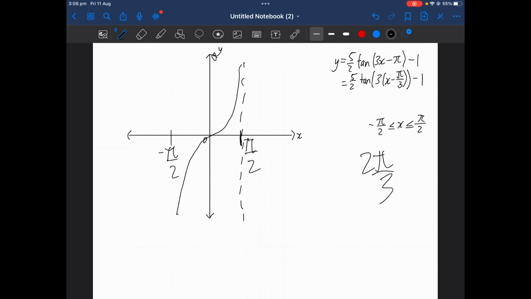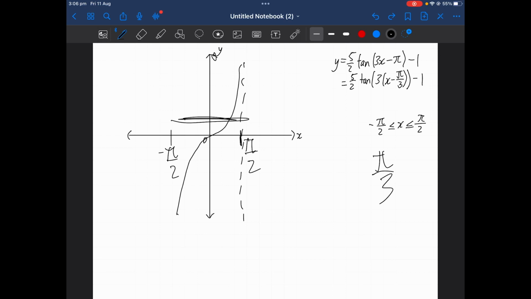Okay, not 2 pi. And the reason for that is because a period normally for a tan is actually just pi, the distance. But for sine, it goes from 0 to 2 pi, it's this whole cycle. Okay, but for tan, it's just half of that. So it's a different starting period that we're working with. Okay, so the period is going to be pi on 3.